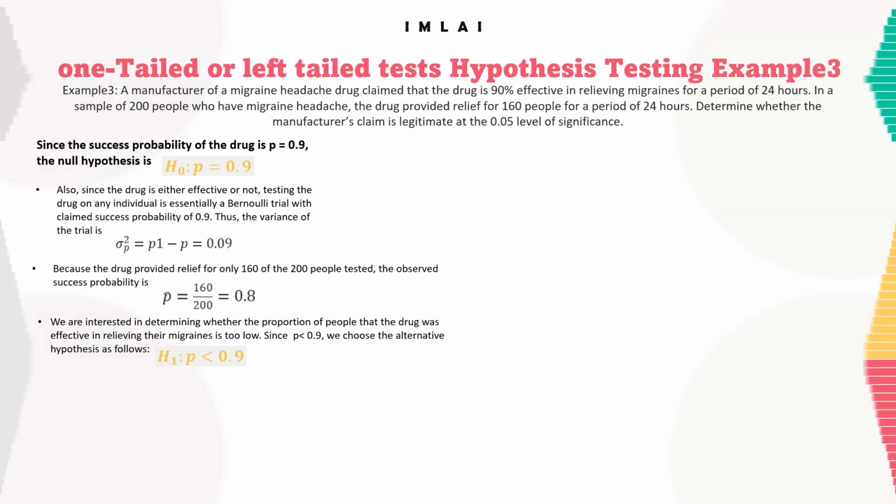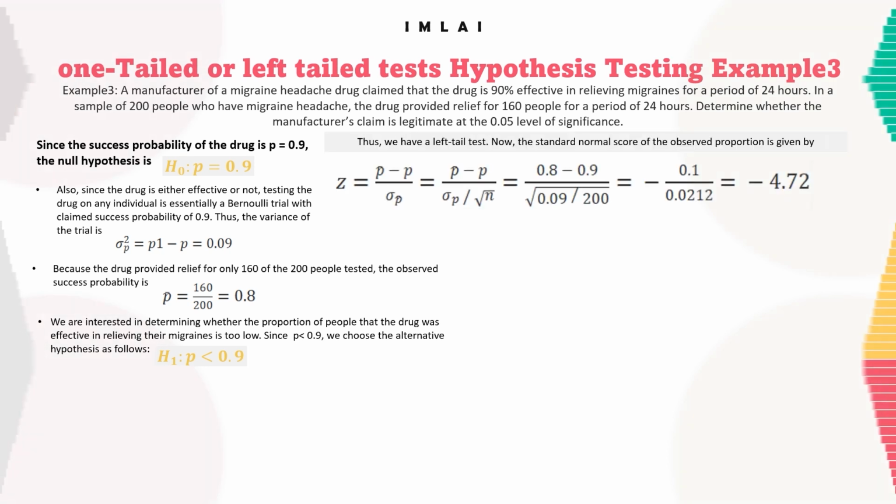That's the reason this is a one-tailed, one-sided, left-tailed hypothesis test, because we will be only considering the left side of the distribution. Thus, we have a left-tail test now.